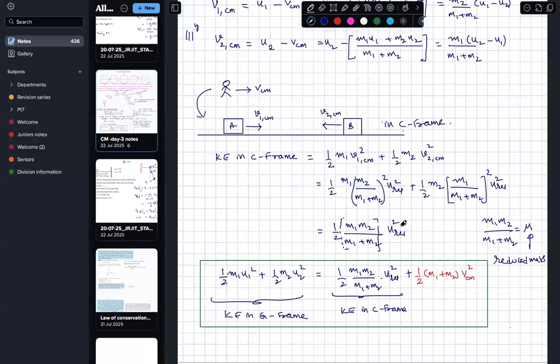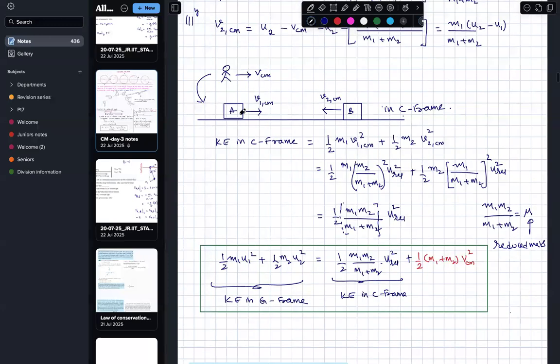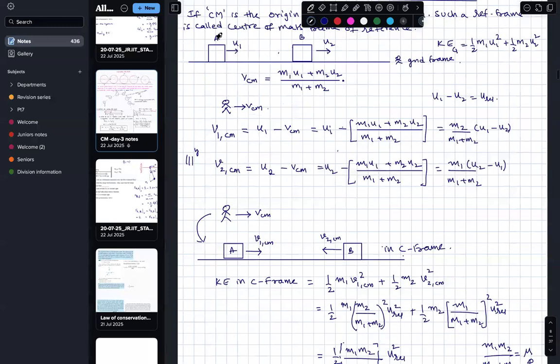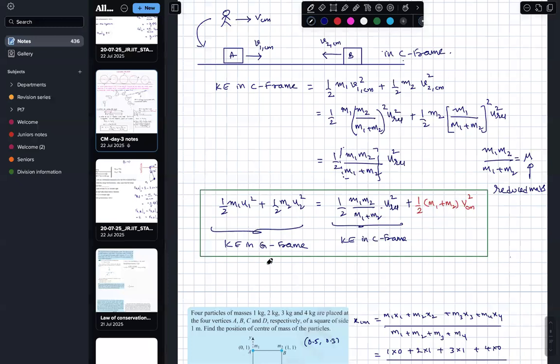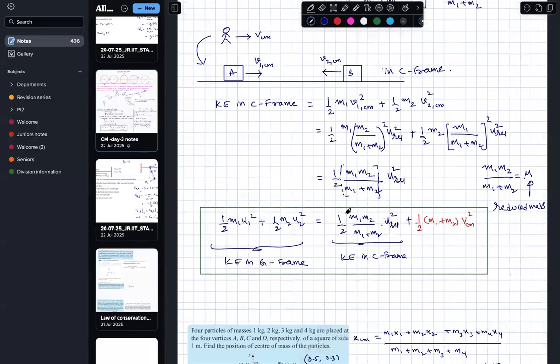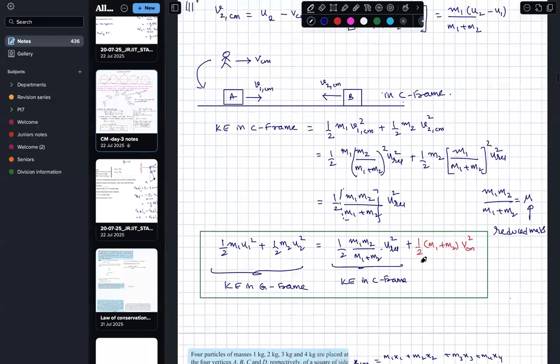And what is the conversion factor? For two such particles, when someone sees in the ground frame, this is the kinetic energy. When someone sees in the C frame, this is the kinetic energy. And how are they related? This is the relation. So this is well discussed.